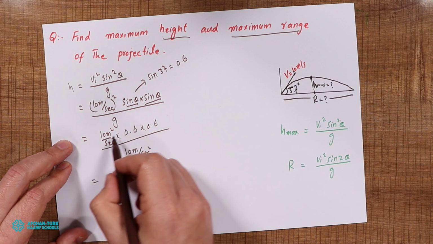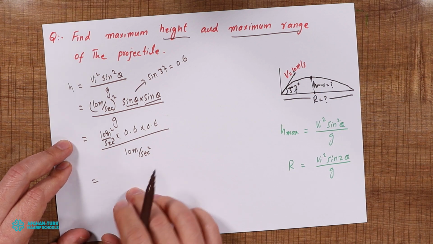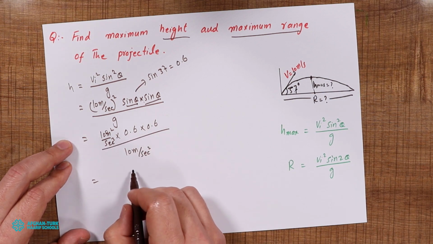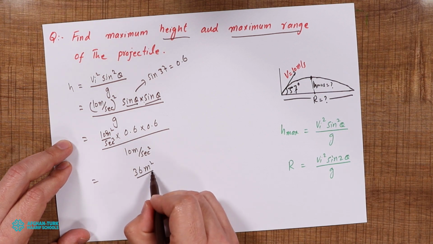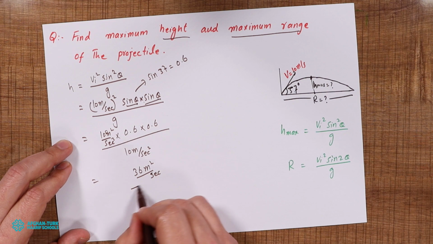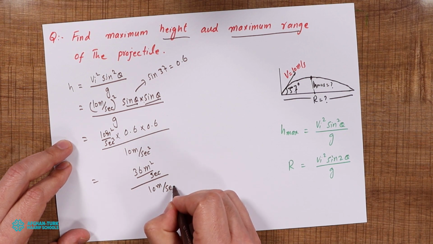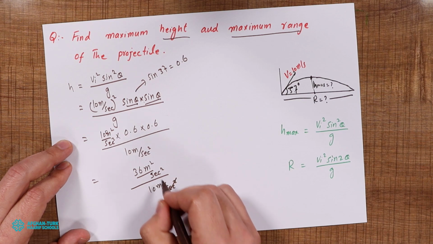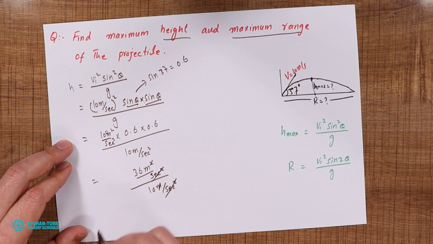Now if we multiply all these things, this will become 36 meter square per second square divided by 10 meter per second square. So the second square will cancel, and meter will cancel with meter, so 36 divided by 10 is equal to 3.6 meters.